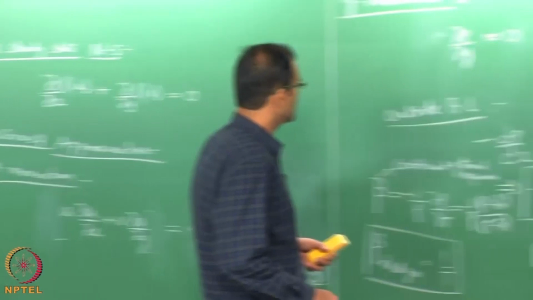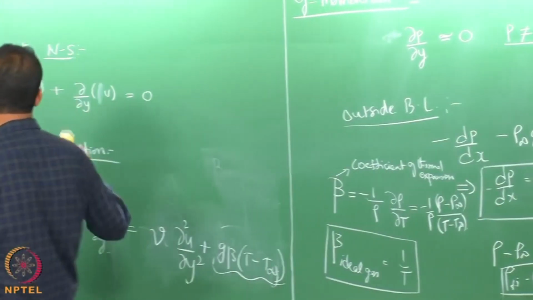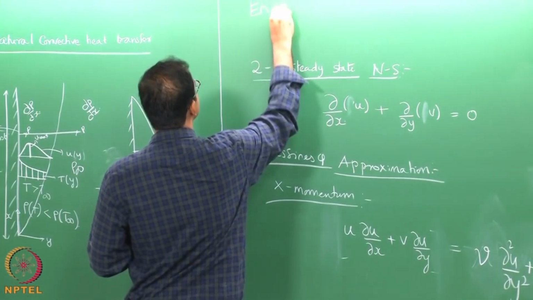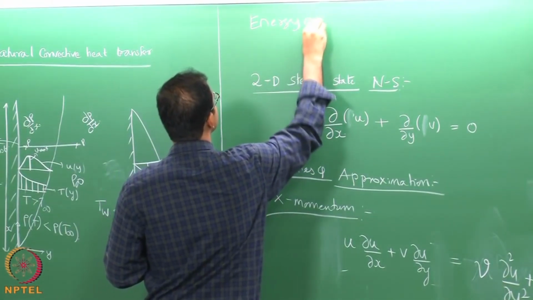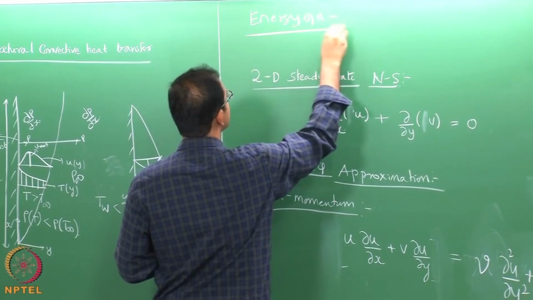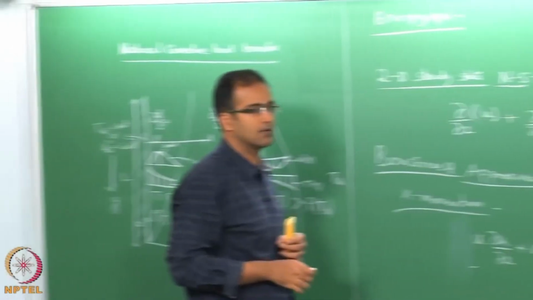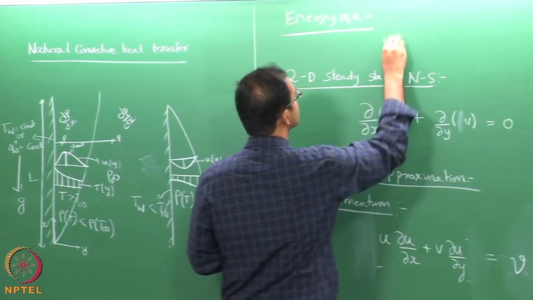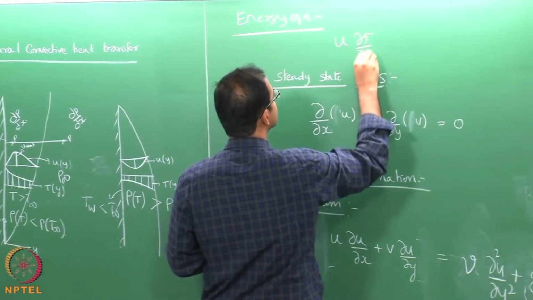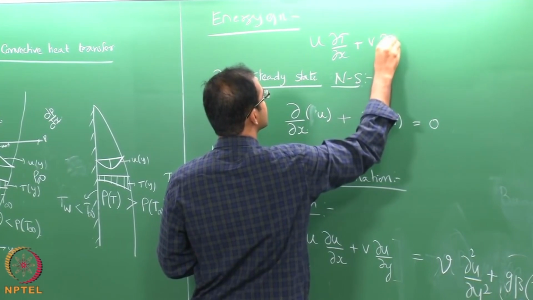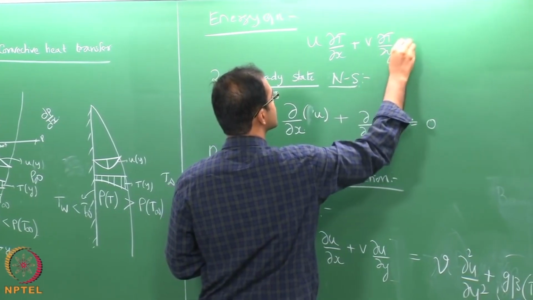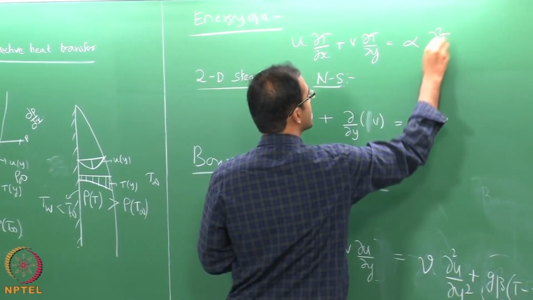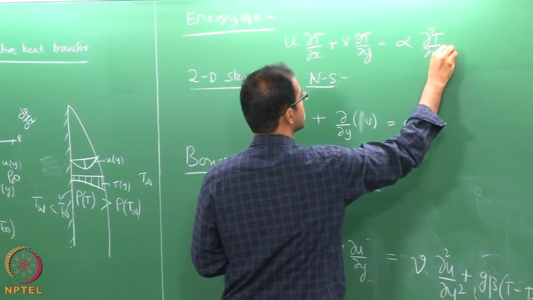So, now you can write down the energy equation also. How does the energy equation look? It will be no different from your external forced convective boundary layer equation, right. U dT by dx plus V dT by dy is equal to alpha into d square T by dy square.